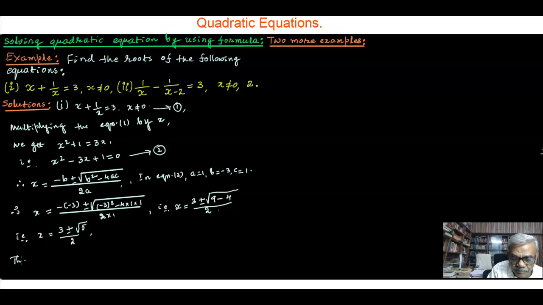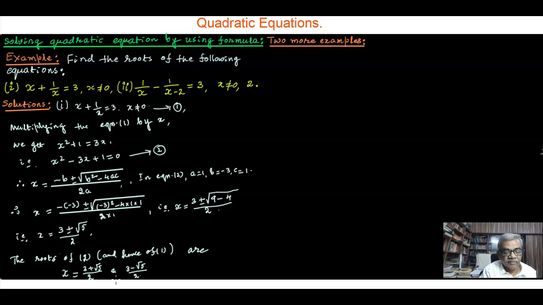So the roots of equation 1 are x is equal to 3 plus root 5 by 2 and 3 minus root 5 by 2.